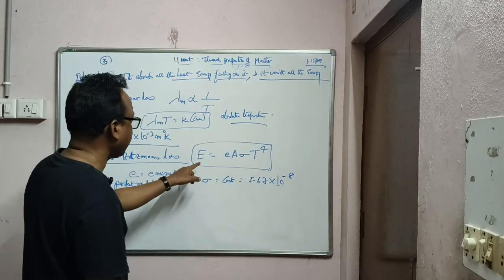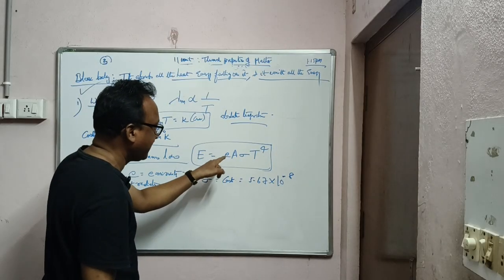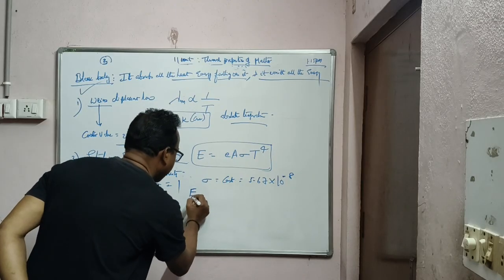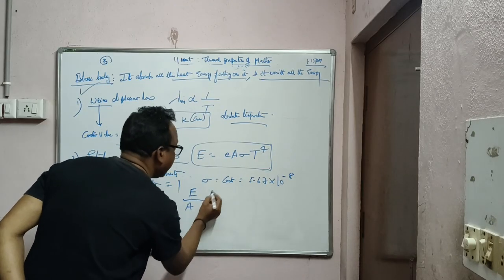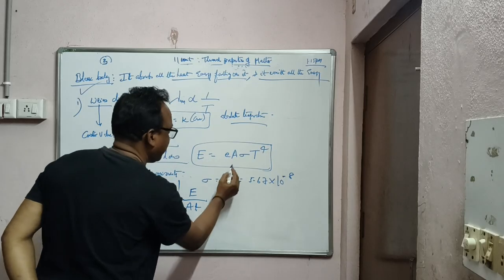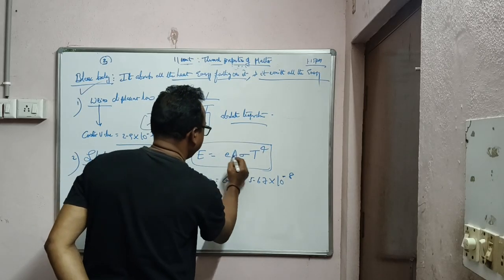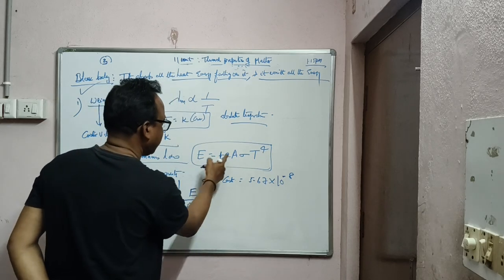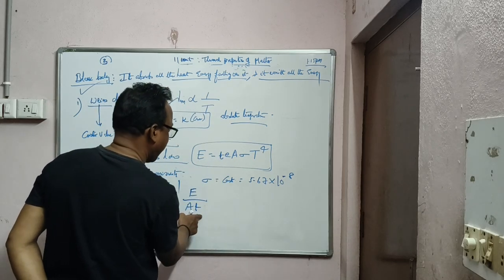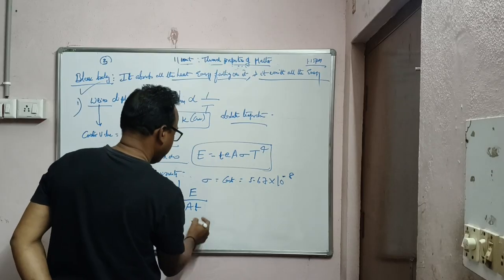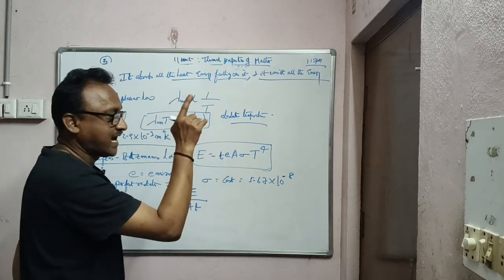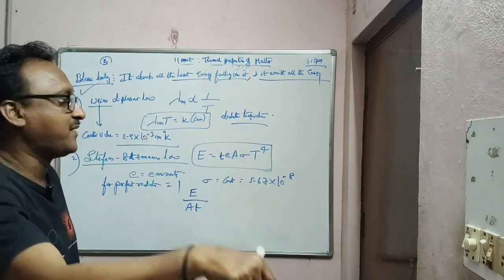How to find the units, see. It is the energy emitted per unit area in unit time. There is t also here, small t. It is the energy emitted per unit area in unit time, and it is directly proportional to the fourth power of the absolute temperature.